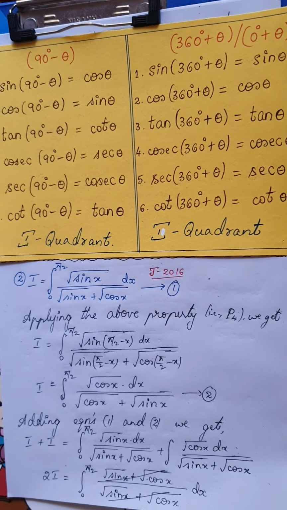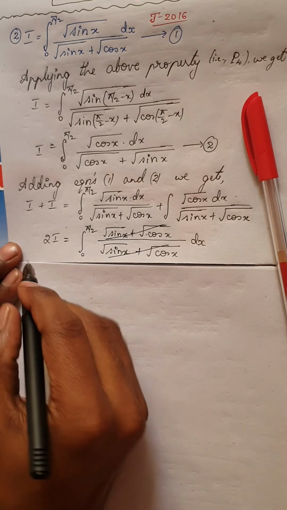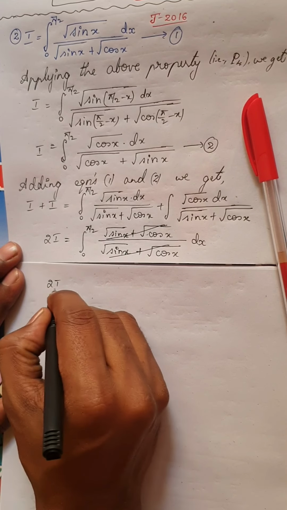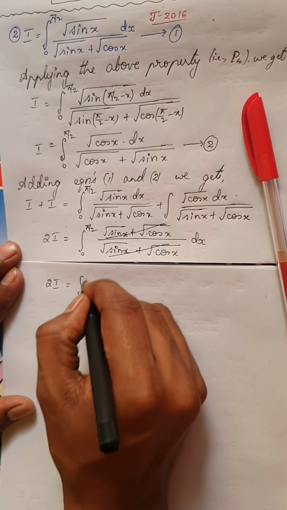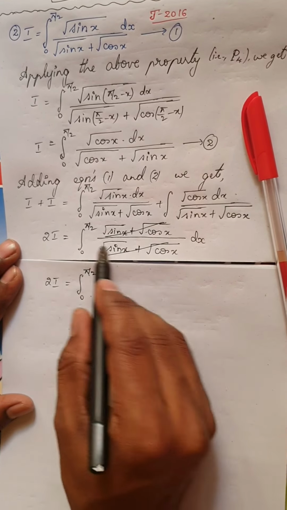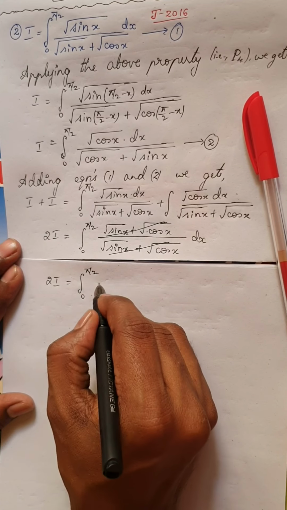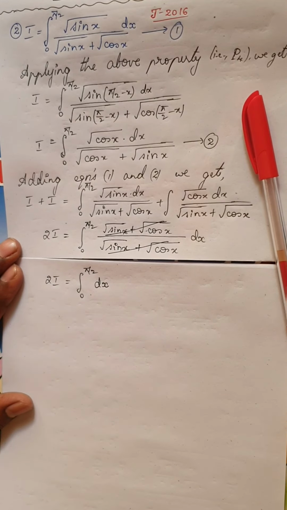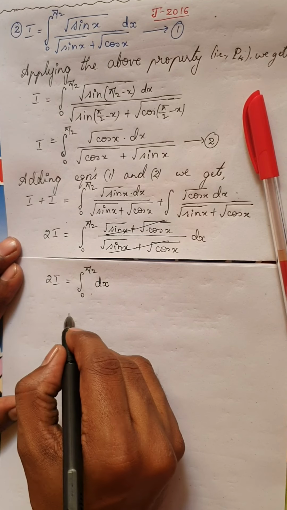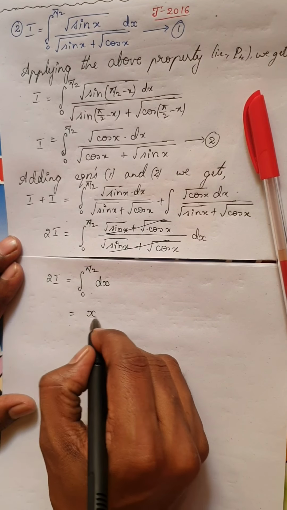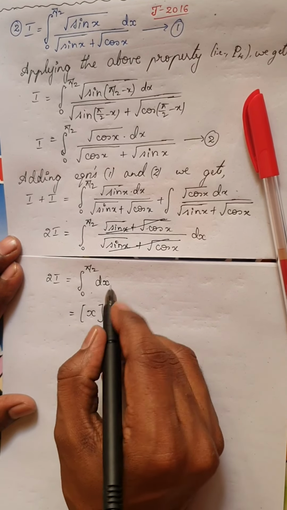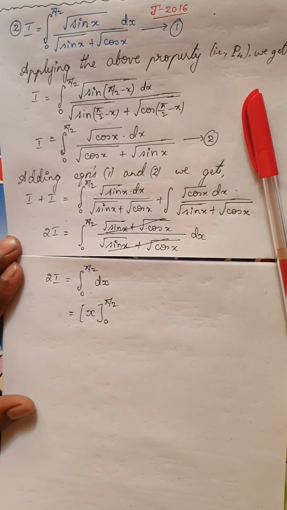See what happens, the left hand side is 2I itself, and this is nothing but the integral from 0 to pi by 2. All the terms are cancelled, you are just left with the integral of dx. So, the integral of dx is nothing but x within the limits 0 to pi by 2.